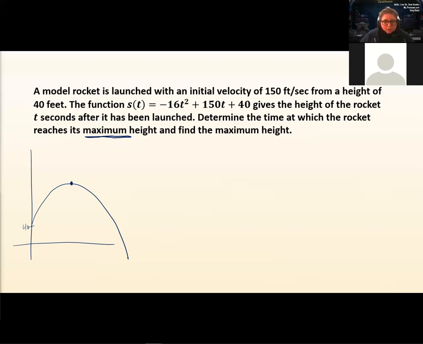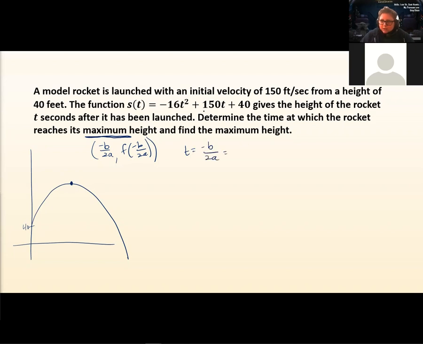Or we can use the vertex formula, which is the negative b over 2a, comma, f of negative b over 2a. Okay. If you have to use the vertex formula, then we have t equals negative b over 2a.